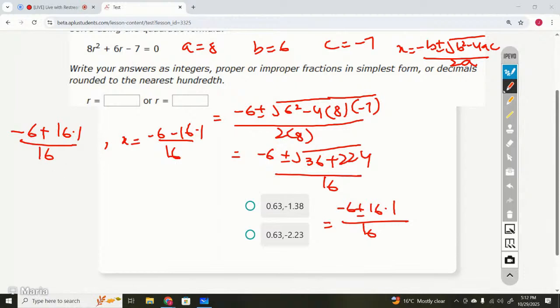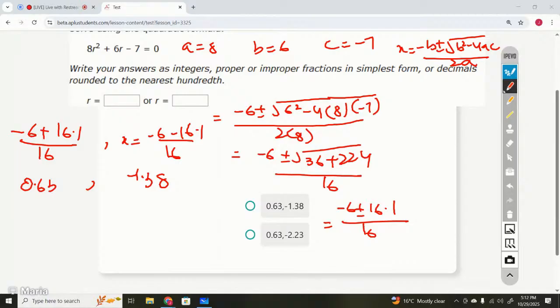So let's just do the calculation. Negative 6 plus 16.1 is 10.1 and 10.1 divided by 16 is 0.63. And for the other one, negative 6 minus 16.1, that is negative 22.1 divided by 16 is negative 1.38.